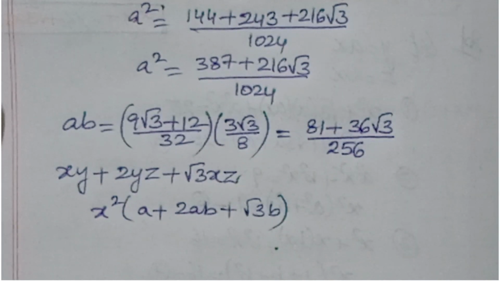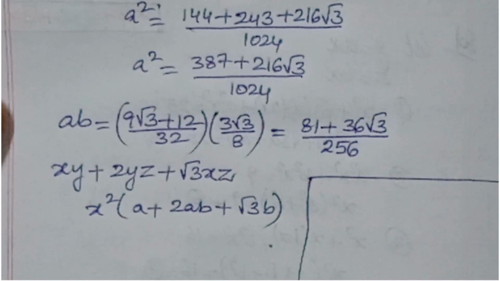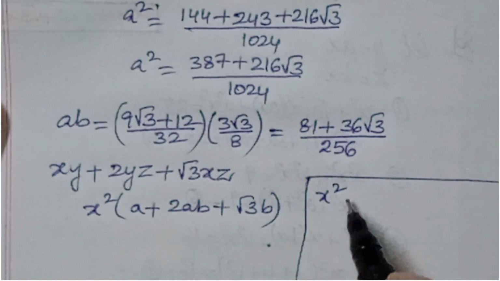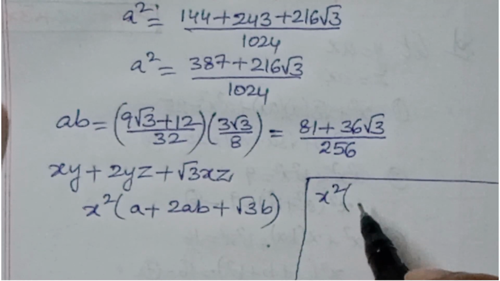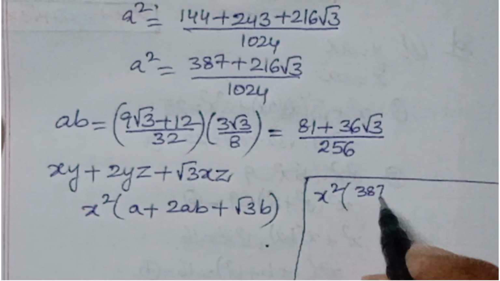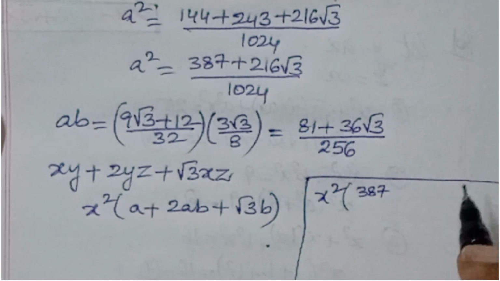So I am substituting the value. First you have to find x square value. X square is equal to x square into a square plus b square. So that is equation 6.